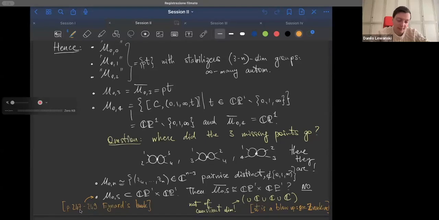And the book itself is on topological recursion, but there is a chapter on moduli space of curves. And here, on pages 247 to 249, you find a description of M_{0,5} as CP1 times CP1.